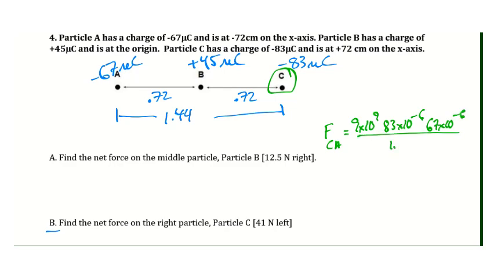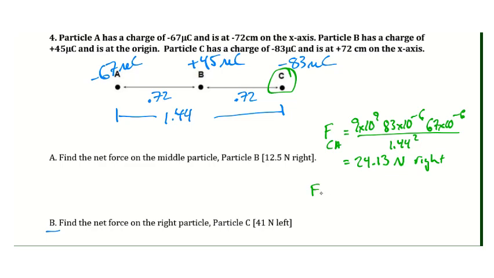Distance between them is 1.44 quantity squared. Go ahead and plug that into your calculator. And when you do that, you get 24.13 newtons, and C and A both negative, so that's going to be right.